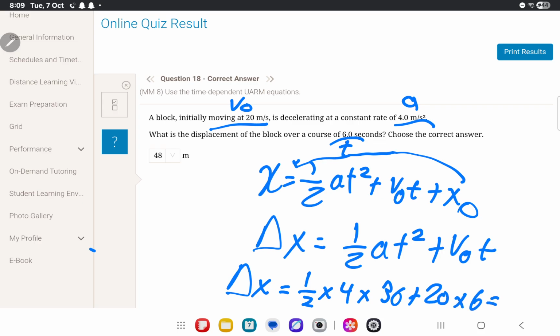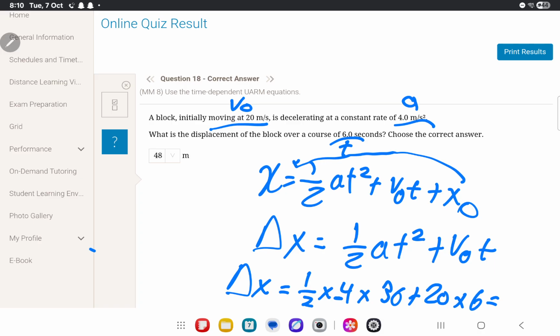Do this on your calculator. So 0.5 times 4 times 36 plus 20 times 6 gives you 192. Wait, what? What did I do here? Initially moving, oh, negative 4. This is negative 4.